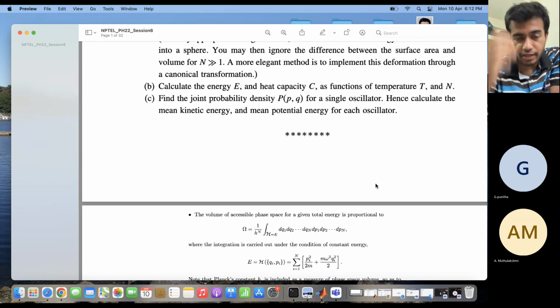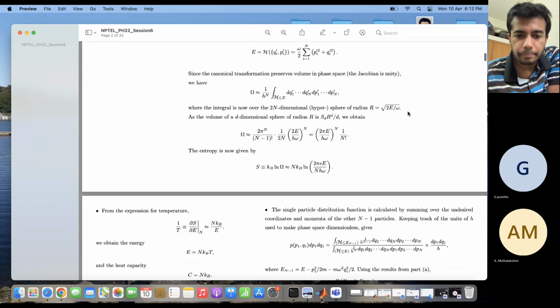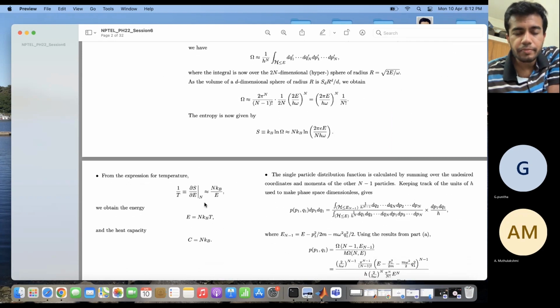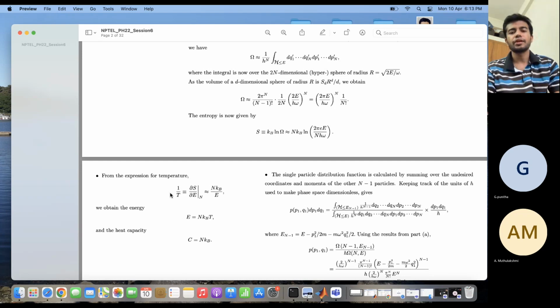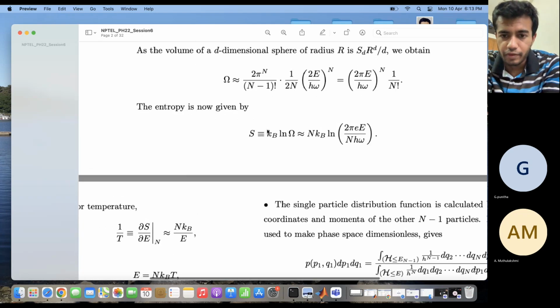Okay. So the next question is that you have to calculate the energy and the heat capacity as functions of temperature and capital N. So what is the expression for temperature? In thermodynamics, temperature is defined by 1 by T equal to del S by del E, where E is the internal energy of the system at constant N. So you have this expression for S over here.